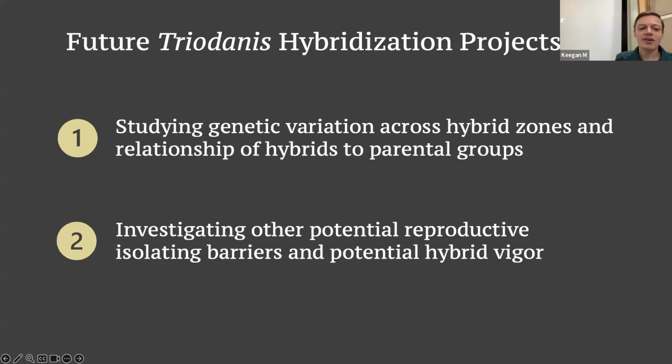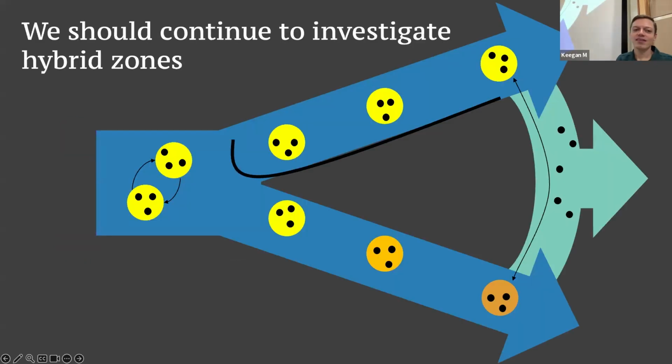Investigating other potential reproductive isolating factors, such as differential pollen tube growth rates, rates of abortion of hybrid zygotes, soil chemistry, and other microsite variation is another potential future project. Since there are so many potential barriers, I could not look at all of them in one study. So in addition, more rigorous study of hybrid zones and the conditions associated with hybrid zone formation are necessary.